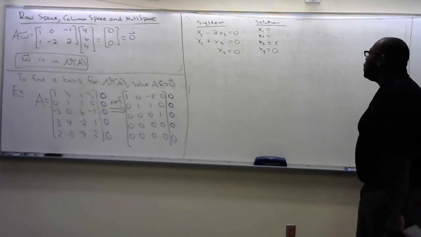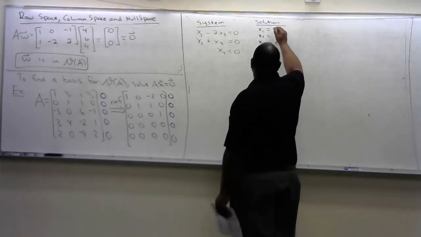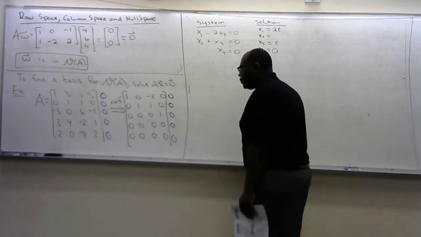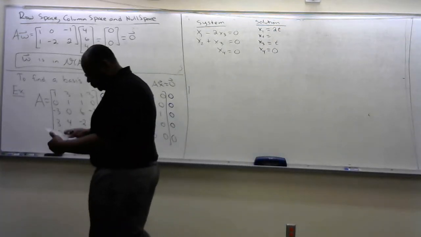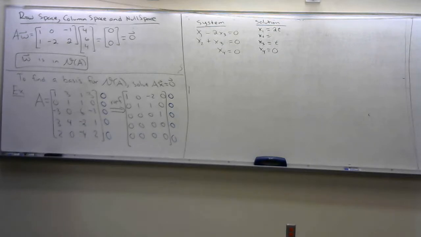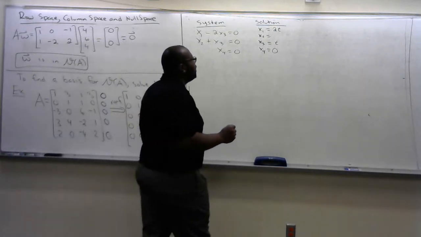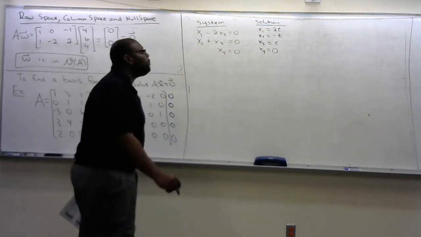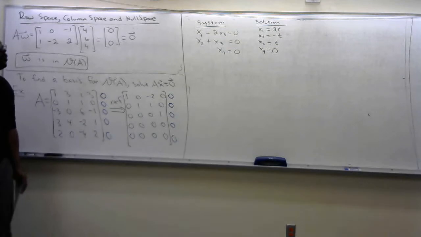Well, x1 is 2t. And x2 is negative t. This is the parametric form of this solution.